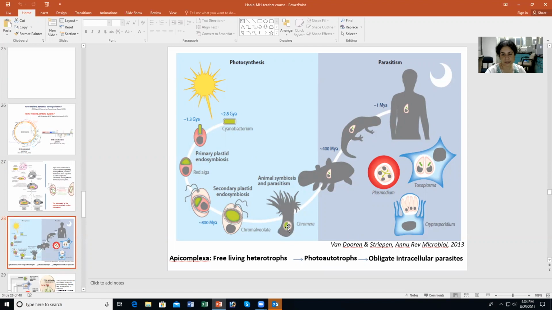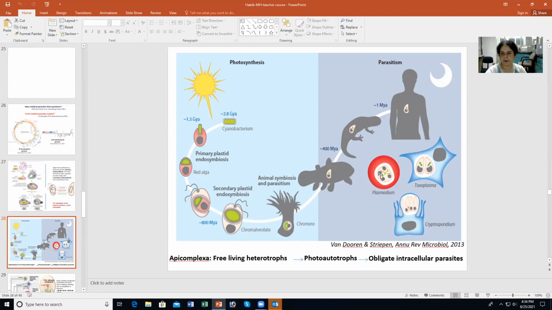They are photosynthetic. And similarly, other organisms that became parasitized initially retained photosynthesis, but the process was lost as the parasites became obligate intracellular parasites. So apicomplexan organisms could be free-living heterotrophs, then became photoautotrophs, and then became obligate intracellular parasites.